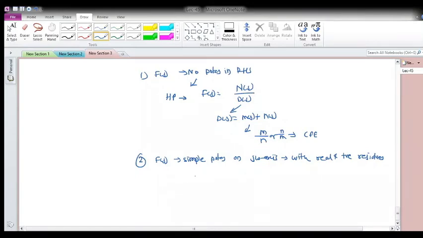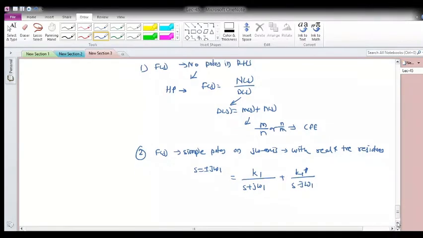For example, suppose I have poles at plus j omega 1 and minus j omega 1. So find the partial fraction expansion for it. It will be k1 over s plus j omega 1, plus k1 conjugate over s minus j omega 1.